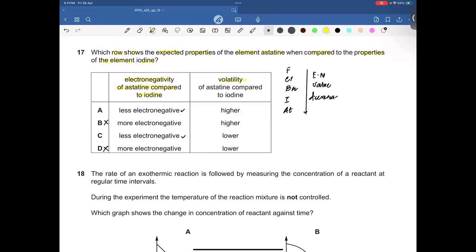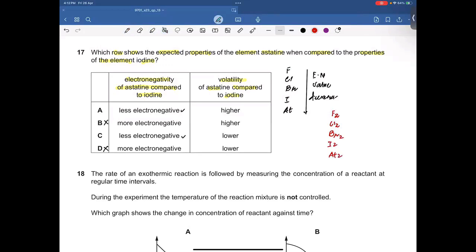Next is volatility of astatine compared to iodine. I have told you about this as well in the class. Fluorine, chlorine, bromine, iodine, and astatine.